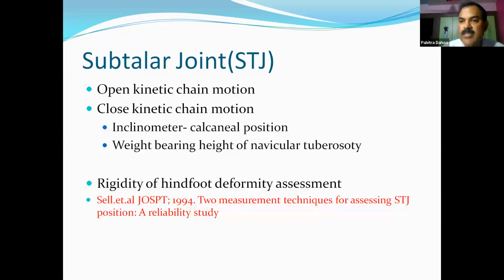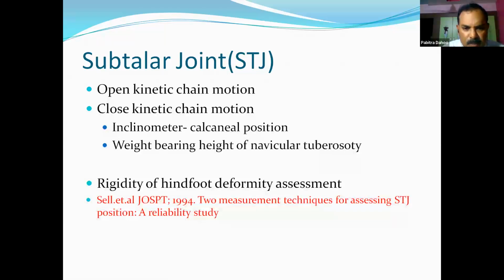Yes, there are other methods of assessment of the subtalar joint motions in closed kinetic chain way, that is using an inclinometer, that gives you the eversion or inversion of the calcaneus position. Another indirect method of assessing subtalar joint motion is by assessing the height of the navicular tuberosity from the floor.